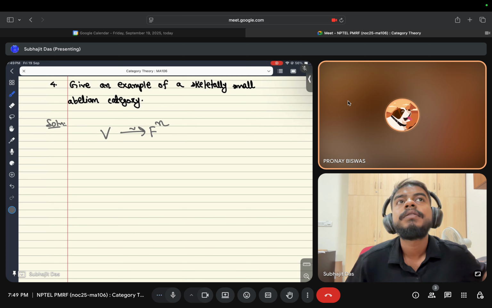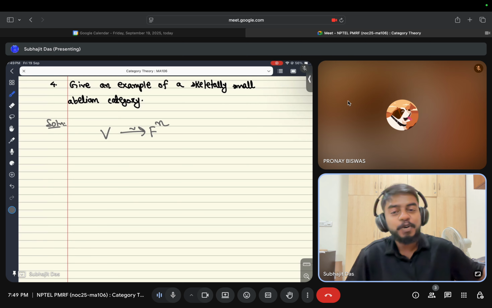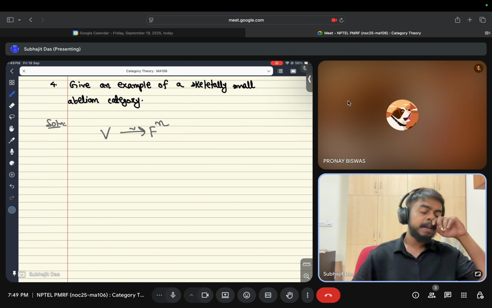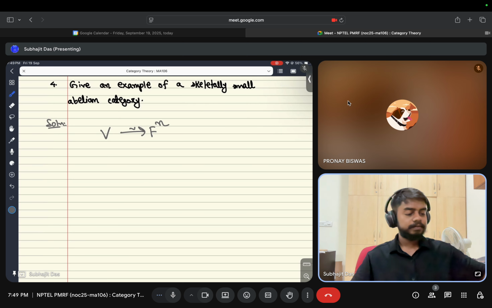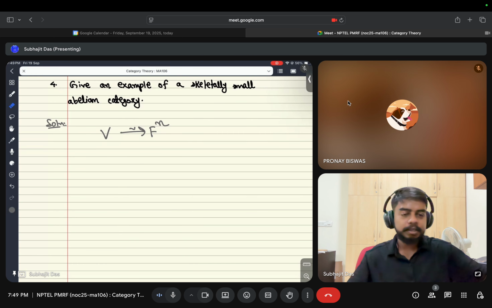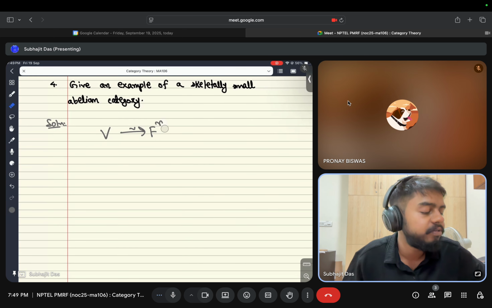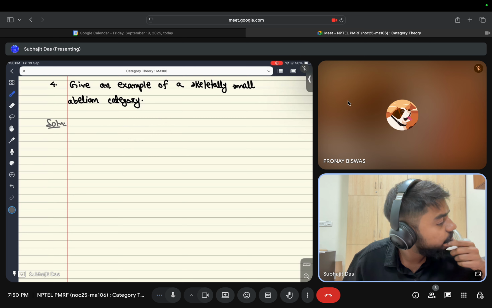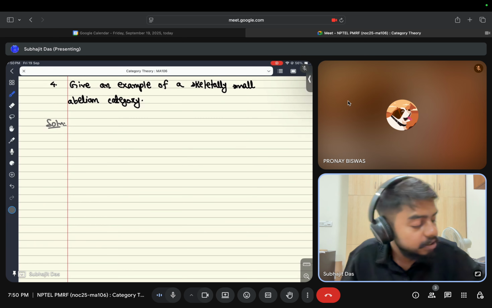No, no. So, this question doesn't really make sense because a natural isomorphism should be between two functors, right? So, the right hand side is not a functor of V at least. Okay, we'll come to this.